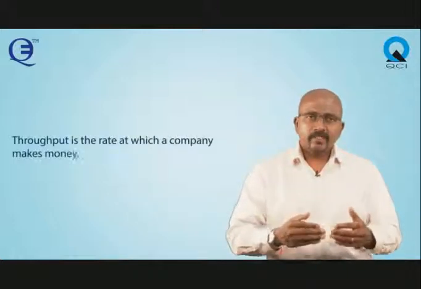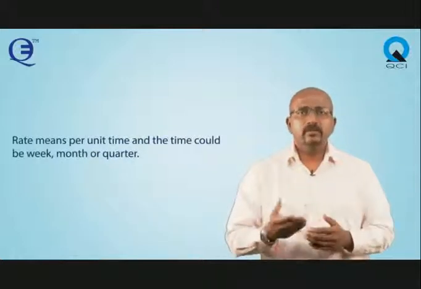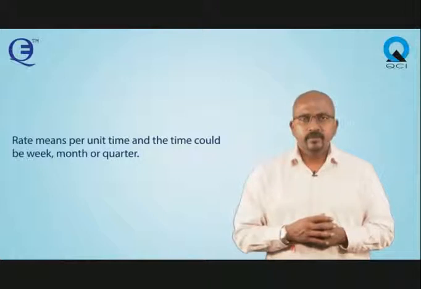Let's spend some more time on this measurement. Now we know throughput is the rate at which a company makes money. That means per unit time, and the time could be week, month or quarter. This throughput is divided by operating expense for the period. As I said earlier, what is operating expense?